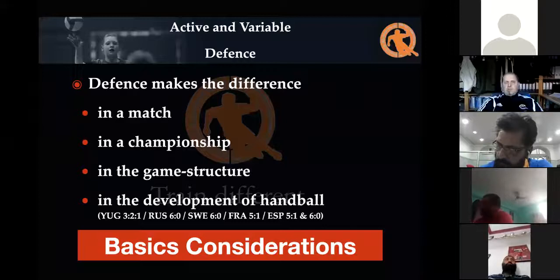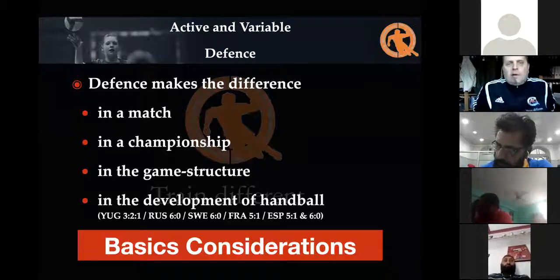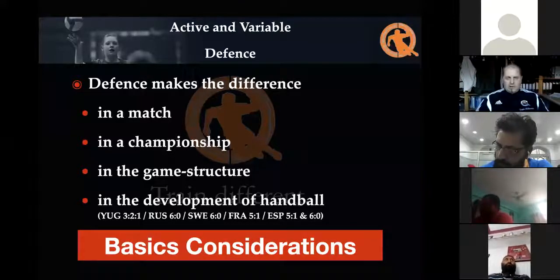So, for instance, the Yugoslavian 3-1, I explained that already in the 3-1 presentation. It was developed in the early 70s in the last century. Later on, around the 80s, the Russian team came up very strong.